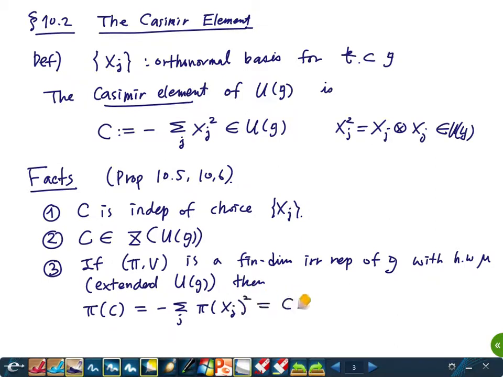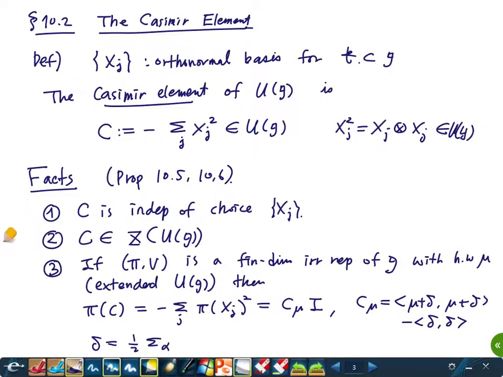And it turns out that this is just a constant multiple of the identity. So this is a constant, but moreover, we know exactly what this constant should be. This is mu plus delta squared minus delta squared. And of course, what is this delta? This is the sum of all positive roots, half the sum of the positive roots, like that. So we use this notation as before.